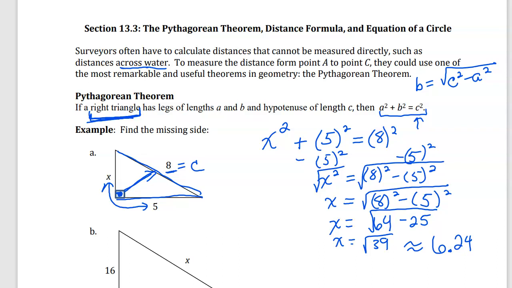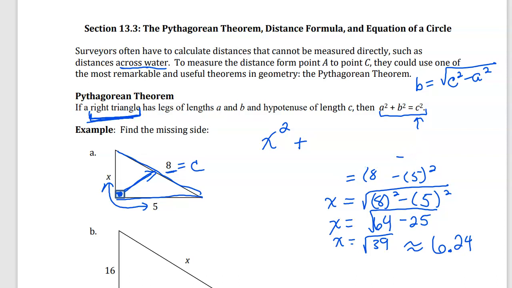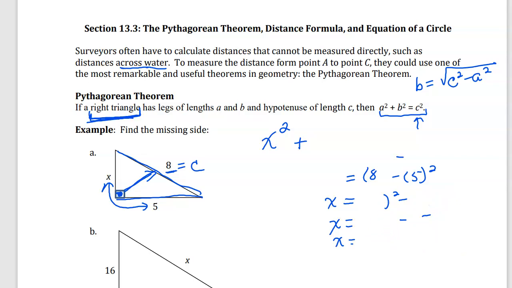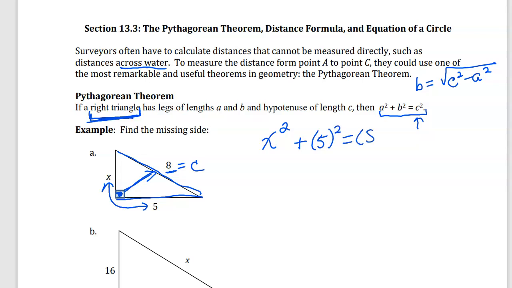Now, if I had done this a little bit differently, let's look at it. Let me kind of go through here and erase all of this, and I will show you that I get the exact same thing if I solve things first and then move them, okay? Because it does come out the exact same way. So let's say that I have, again, x squared plus 5 squared is equal to that 8 squared.